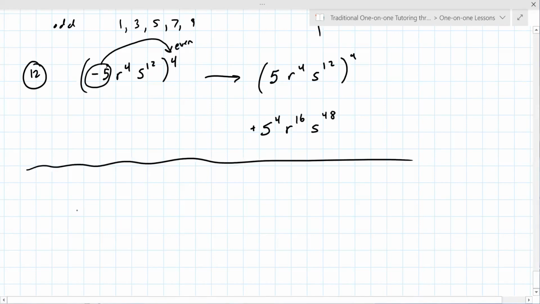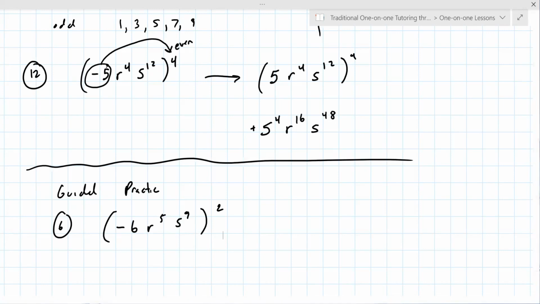Okay. So if you understood that, this is on your guided practice. I'm just going to grab a question like this. I want you to do this all on your own. Let me know when you get your final answer, and then I'll write my final answer. All right.